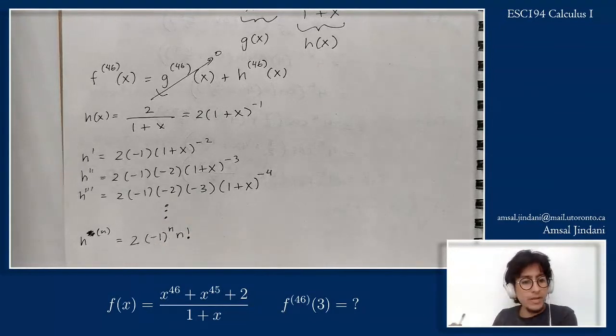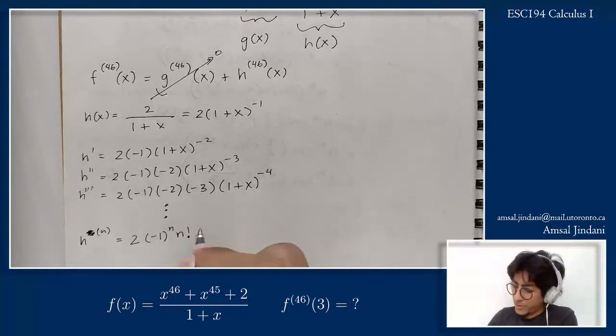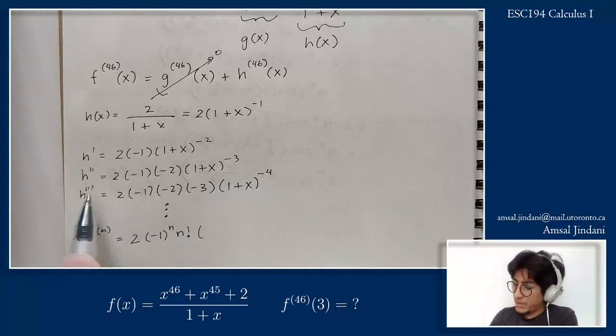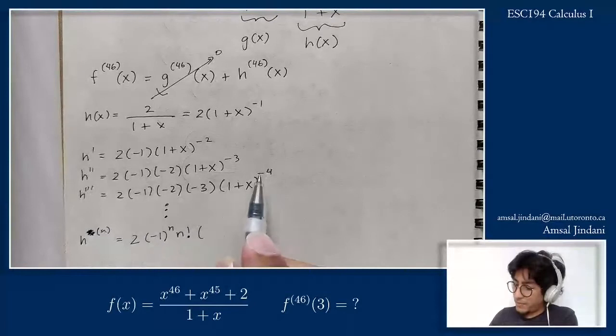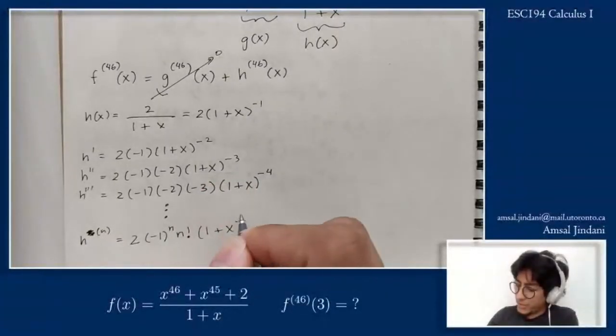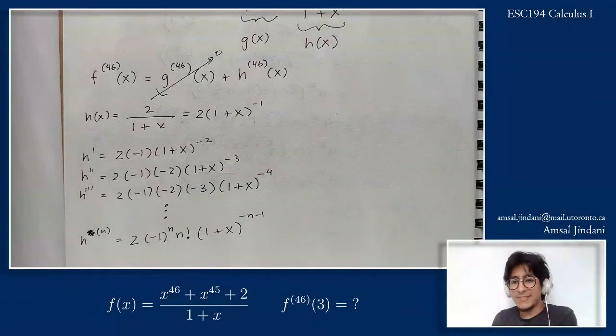The negative 1 to the power n flips signs as n changes, and the n factorial is there because the magnitude of this term is n factorial. And then what is the exponent? How is the exponent of 1 plus x related to how many derivatives we're taking? Well, the second derivative had minus 3 and the third derivative had minus 4. So the nth derivative is going to have minus n minus 1 as an exponent. Yeah, this is not super rigorous, so I'm not going to go through the induction proof. I'm just going to give you this.